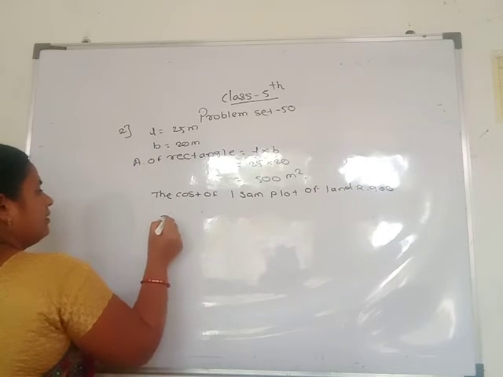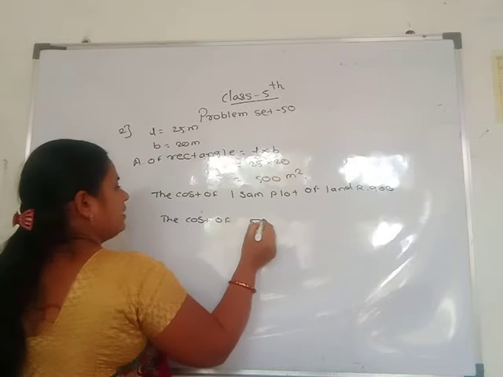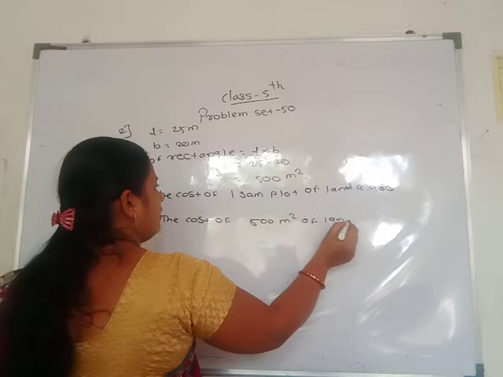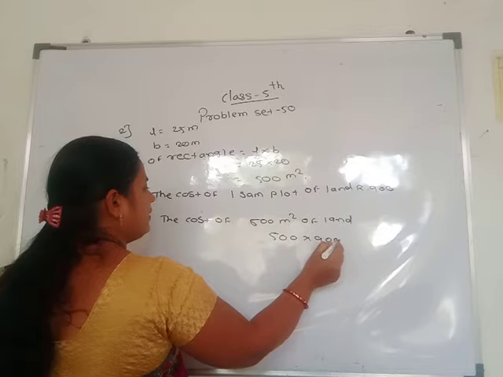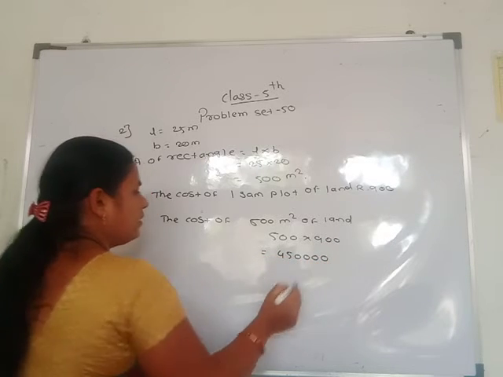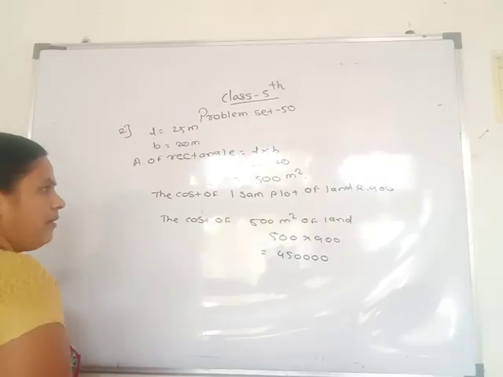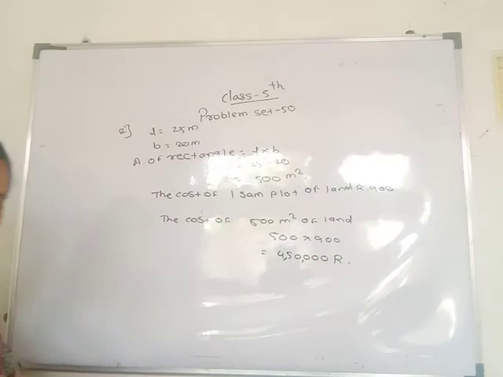Then the cost of 500 meter square of land is equal to 500 into 900. 9 fives are 45 and this 0, 0 means 4,50,000. The cost of this plot of land is 4,50,000 rupees.